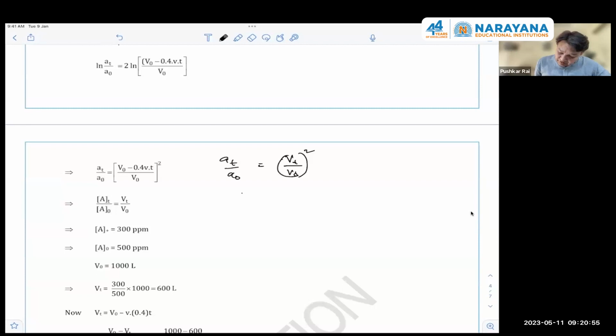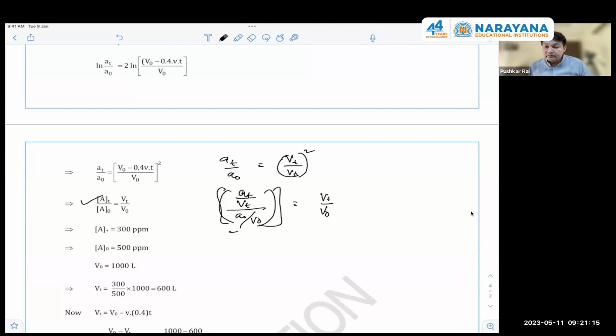So I will cross multiply AT by VT and divide by A0 by V0. That will become VT by V0, and this will become concentration, because AT was, as the question has been set, AT by VT. Agreed? Yes, sir.